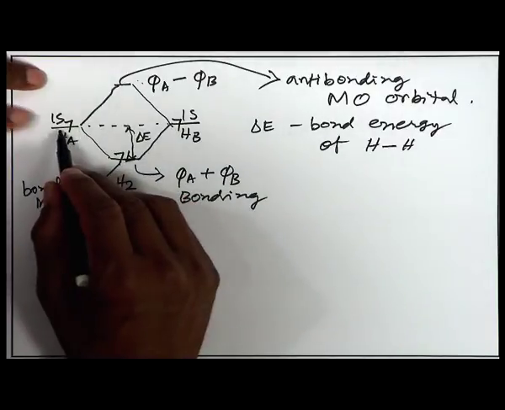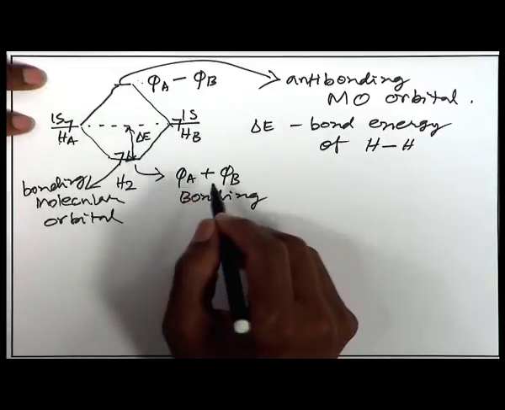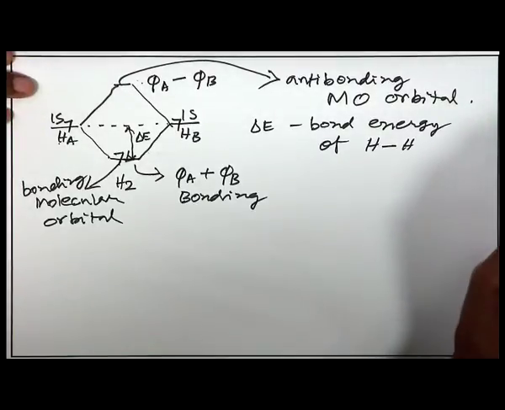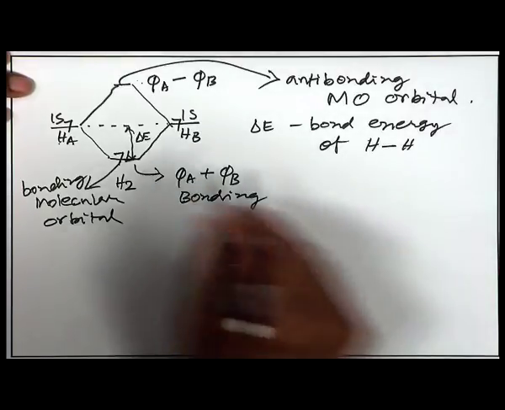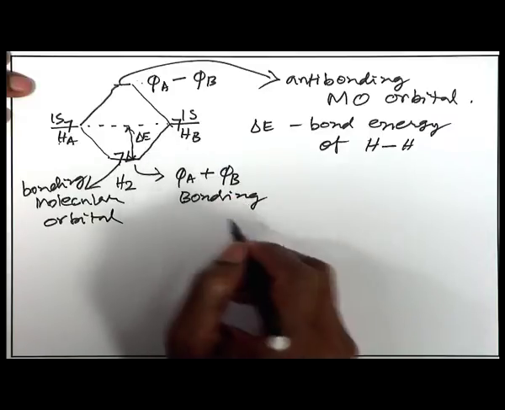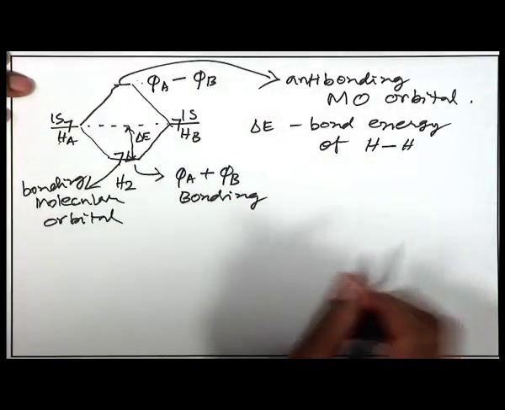So, when 2 hydrogen atoms are combined, this is the amount of energy released that we have seen in terms of the electrostatic potential energy model, in valence bond theory. Here again the same amount of energy released can be calculated this way, by the molecular orbital method.